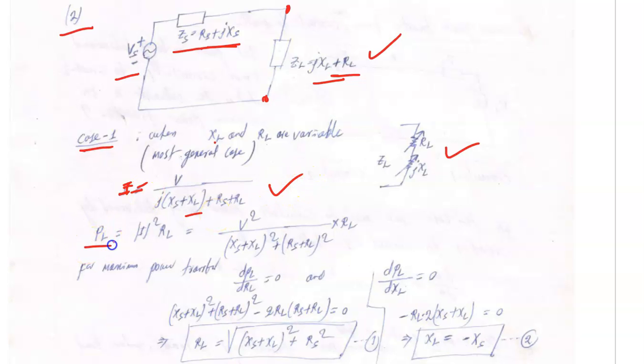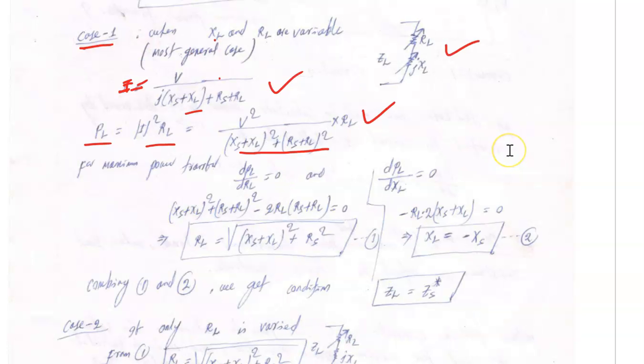So PL, how did we find it? We assume that all these are RMS values: magnitude of I squared into RL. Take the magnitude of this and square it, and I get this one into RL. So how will this expression be maximum? This expression has two variables which we can vary, RL and XL.